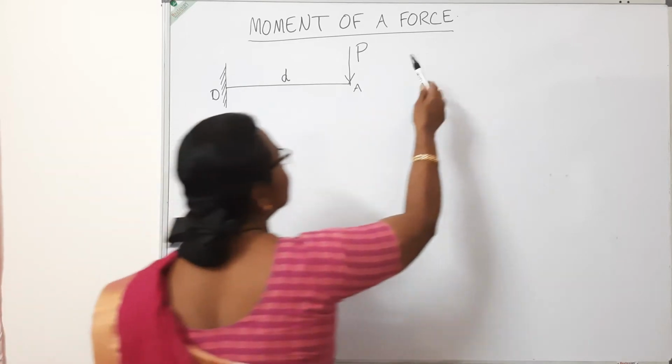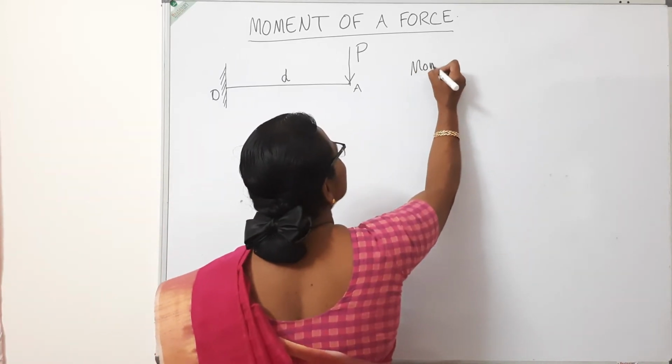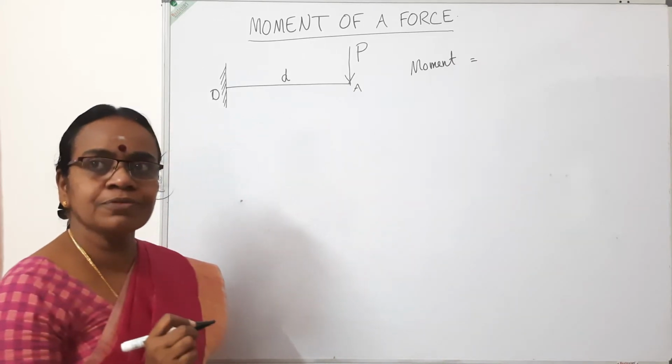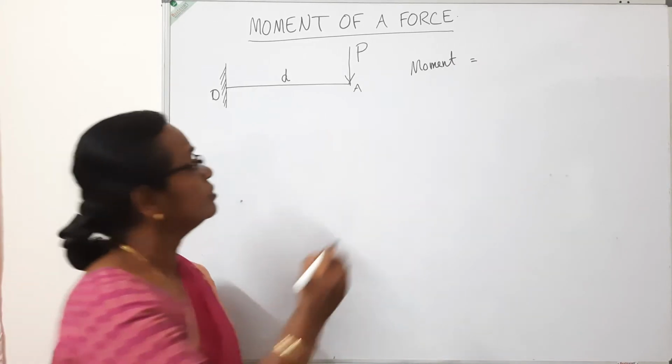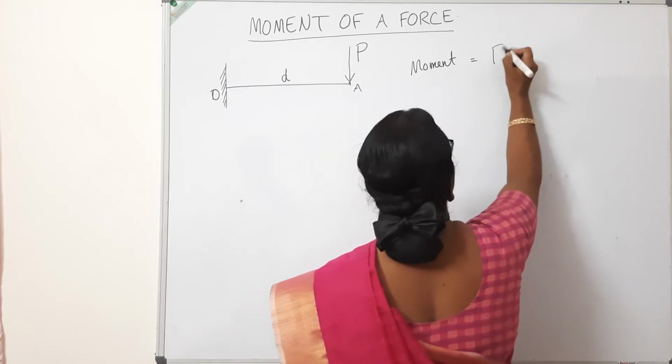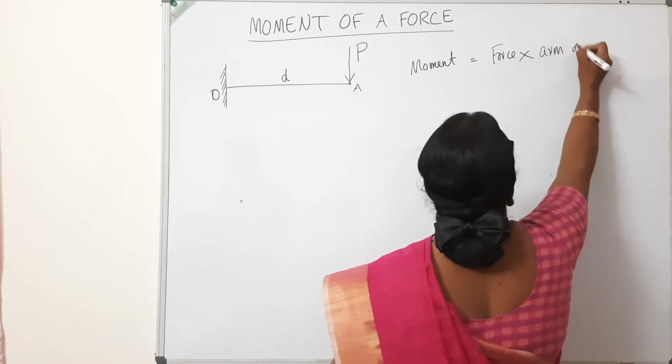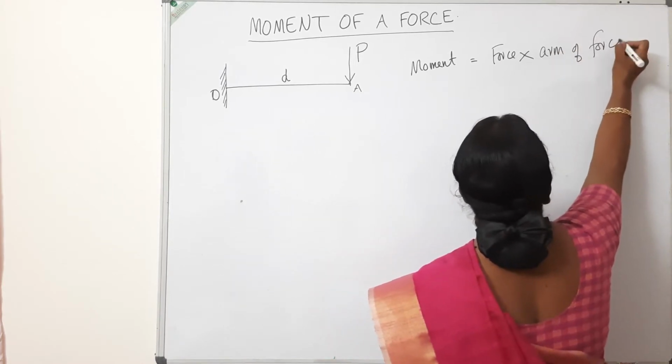So the moment of force is the turning effect produced by the force, and it is calculated as the force into the arm of force, or we call it the lever arm.